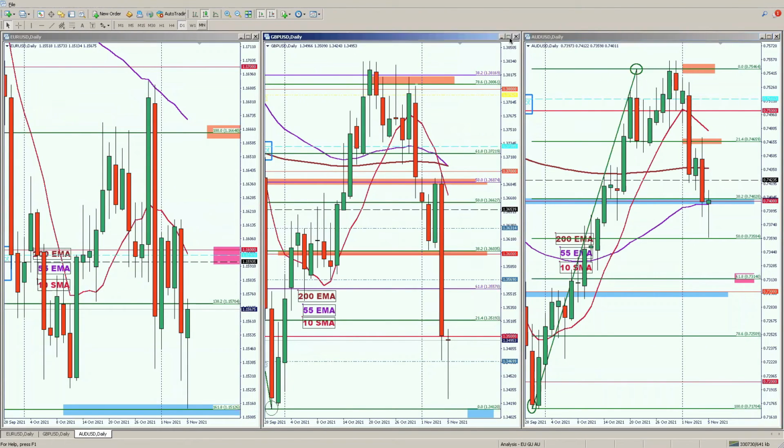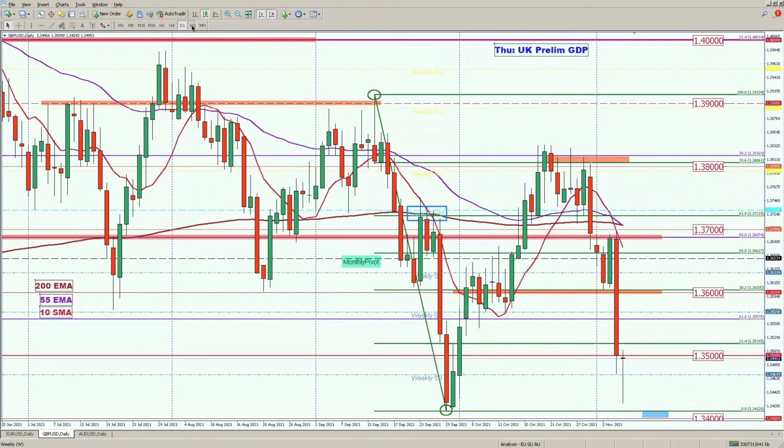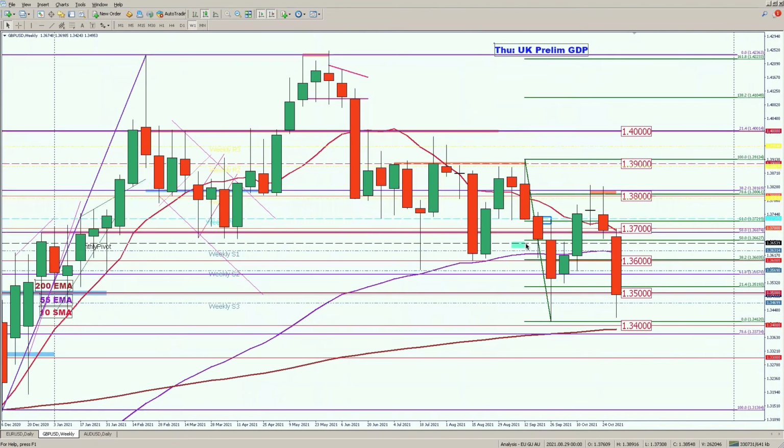Okay, on the weekly time frame for cable, that was the continuation move of this potential evening doji star, and it did continue lower last week. So this week could be a consolidation period because of this lower wick here.